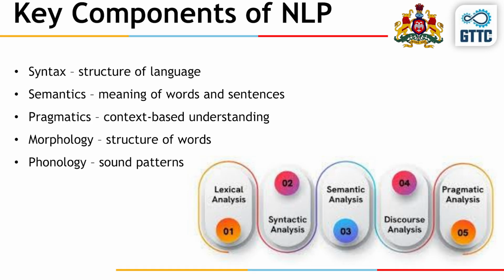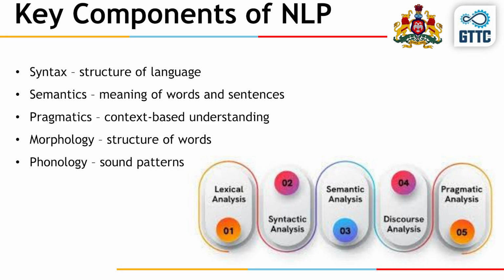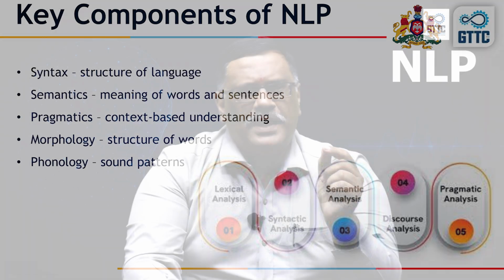So it ensures that sentences are arranged in a valid rule-based format. Example, parsing a sentence to identify what is the subject, what is the verb, and what is the object. That is the first thing, the syntax.